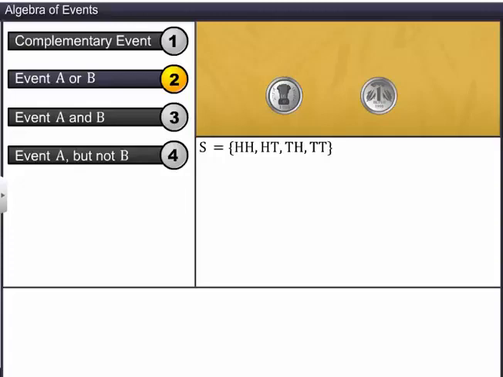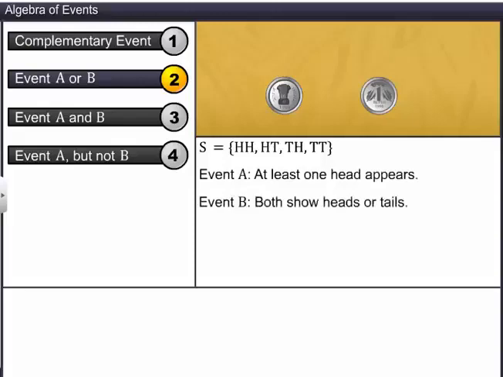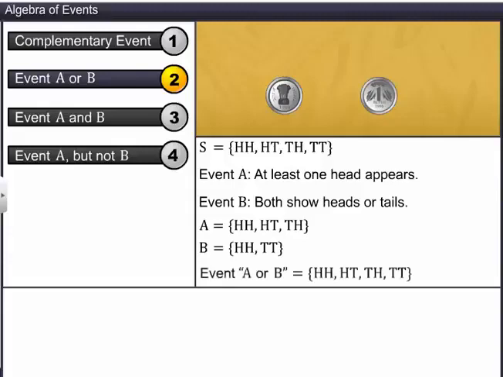Consider these events associated with S. Therefore, the outcomes of the events are obtained as shown. Now, event A or B is obtained as HH, HT, TH, and TT. Here we notice that event A or B is equal to the sample space of the experiment.